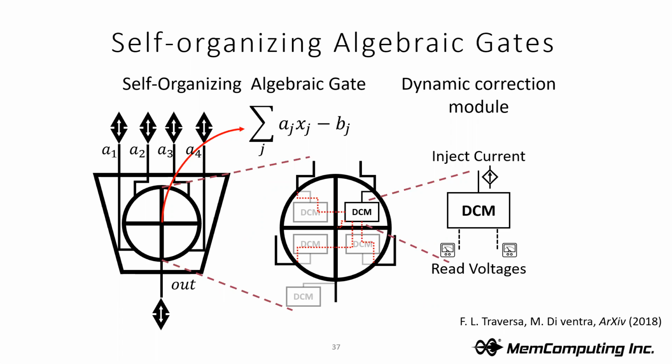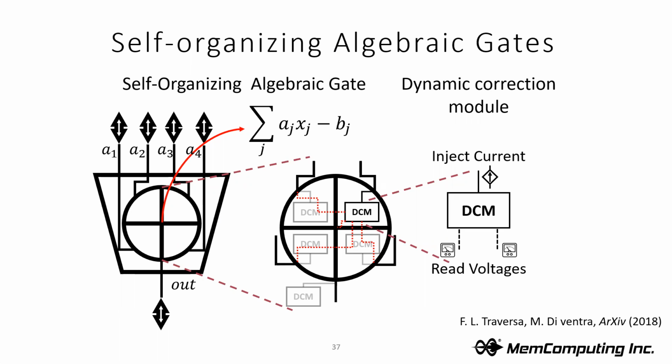How can we solve these kinds of problems using MemComputing? This is a little bit more complicated because we should design gates that are no longer logic gates. They are what we call self-organizing algebraic gates, and they are meant to solve these linear inequalities. For each of these self-organizing algebraic gates, we associate one of the linear inequalities of the ILP problem.